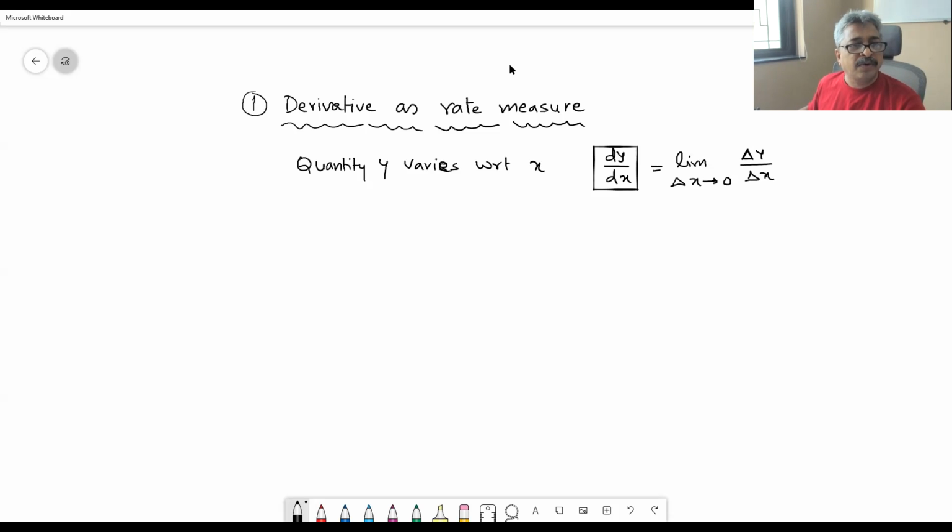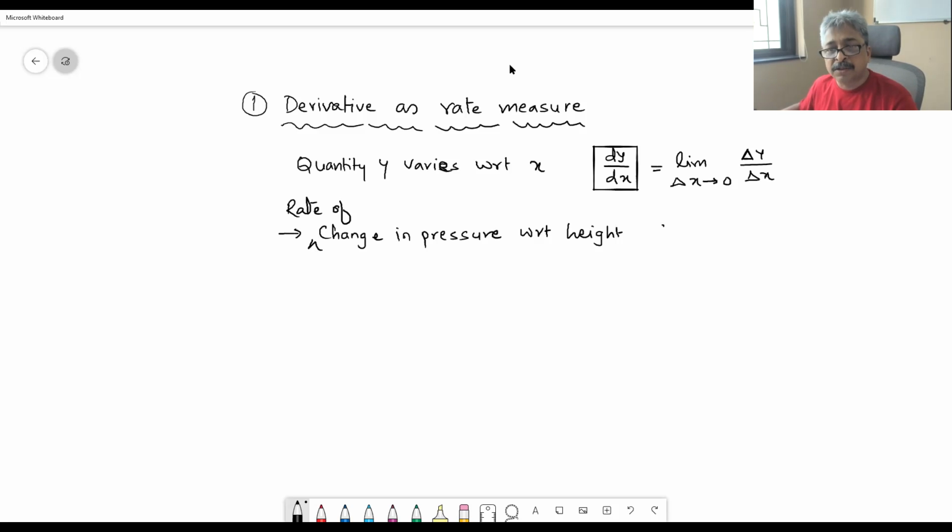So in our physical life or in physics, you might require to use it for change in pressure with respect to height, or rate of change of pressure.